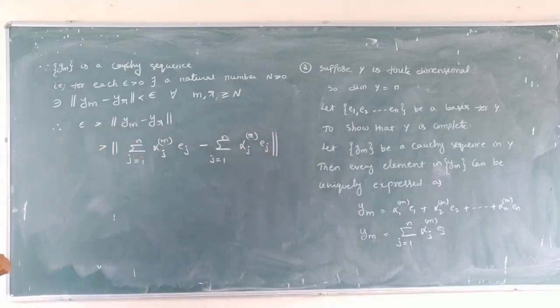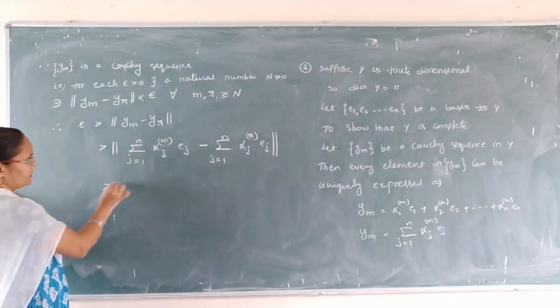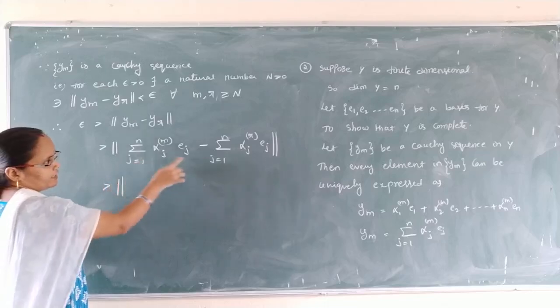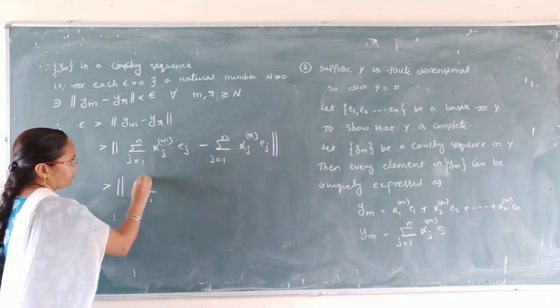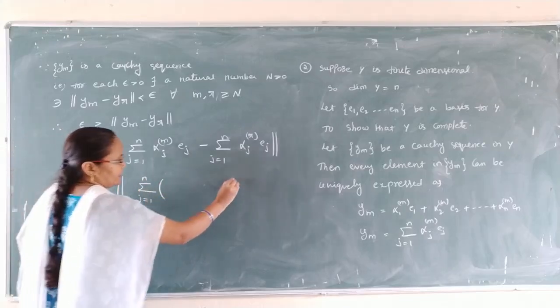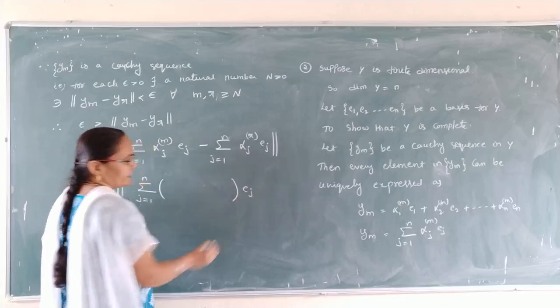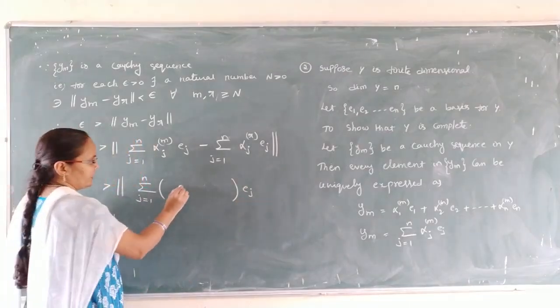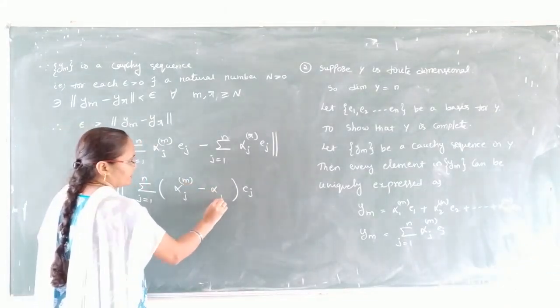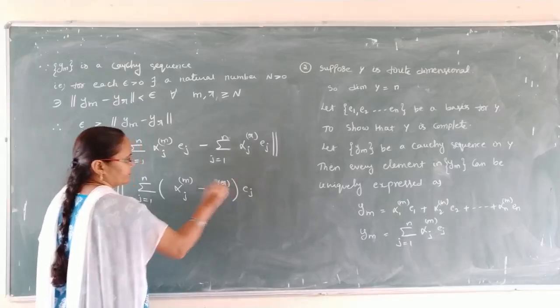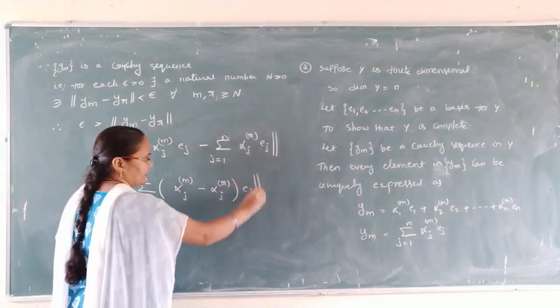Now we take the summation and the ej terms common. So summation j equals 1 to n, with ej common, and the remaining terms are alpha jm minus alpha jr, and that is the norm.